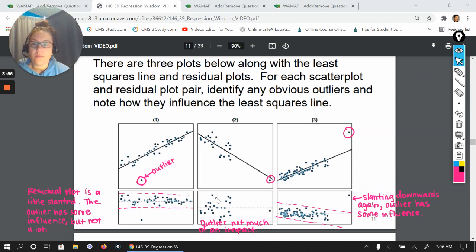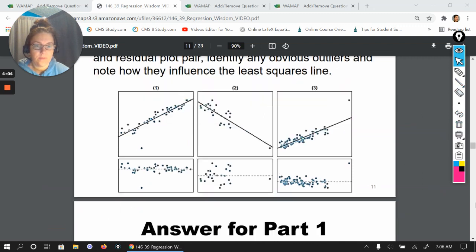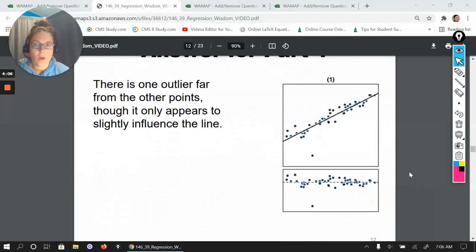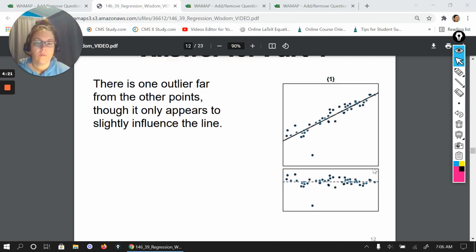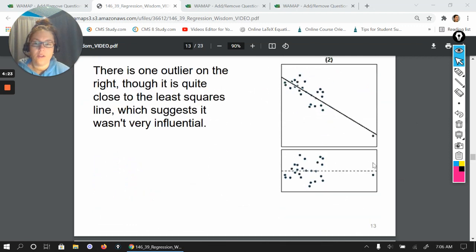Okay, so these were our observations. Let's see how our answers compare with the actual answers. For part 1, there is one outlier far from the other points, though it only appears to slightly influence the line. So we got that one right. For part 2, there is one outlier on the right, though it is quite close to the least squares line, which suggests that it wasn't very influential.